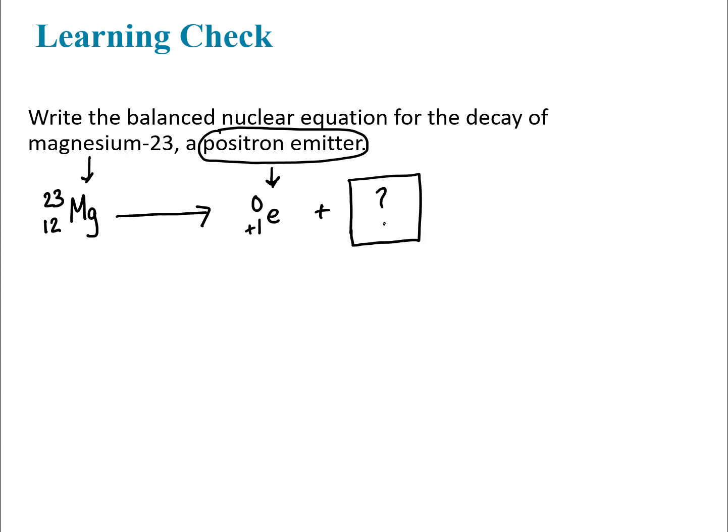For a positron emitter, you're going to make a new element in addition to releasing a positron. For this new element, the mass number stays the same.